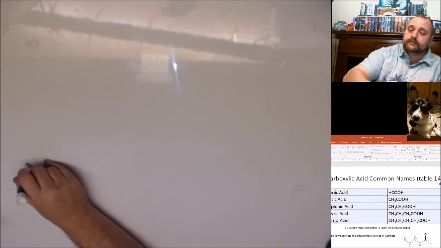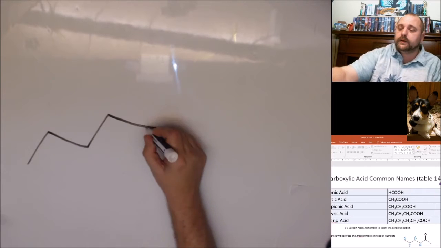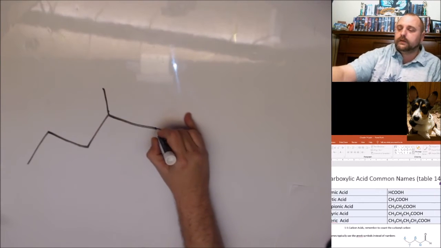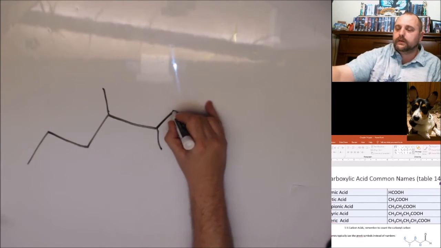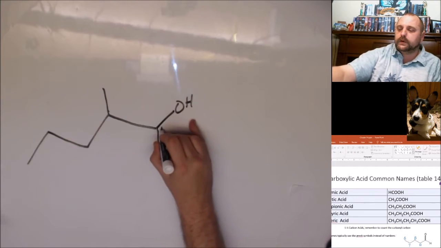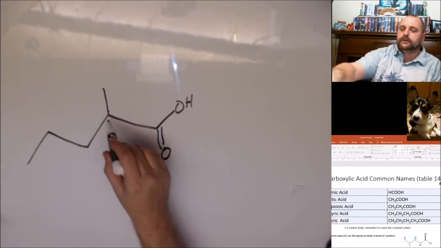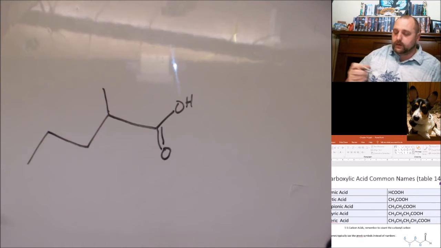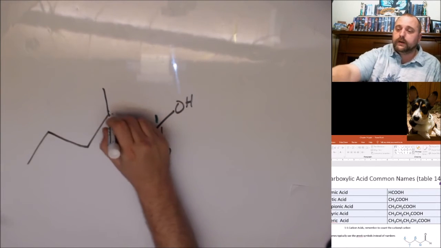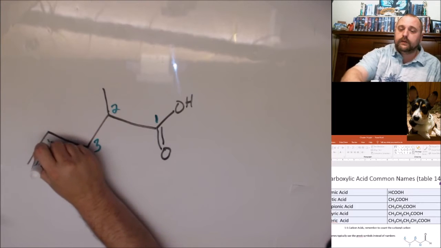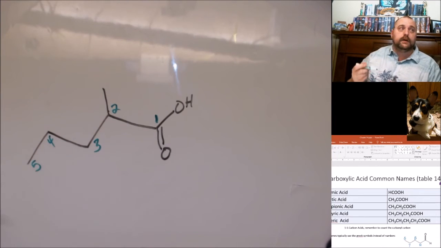So when we have side groups, let's make this our carbonyl. 1, 2, 3, 4, 5. Alright, so in this you always start at 1, 2, 3, 4, 5.